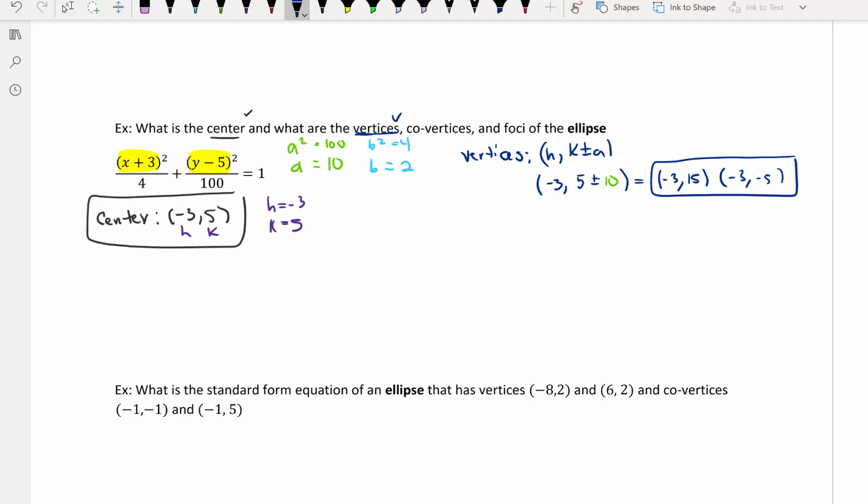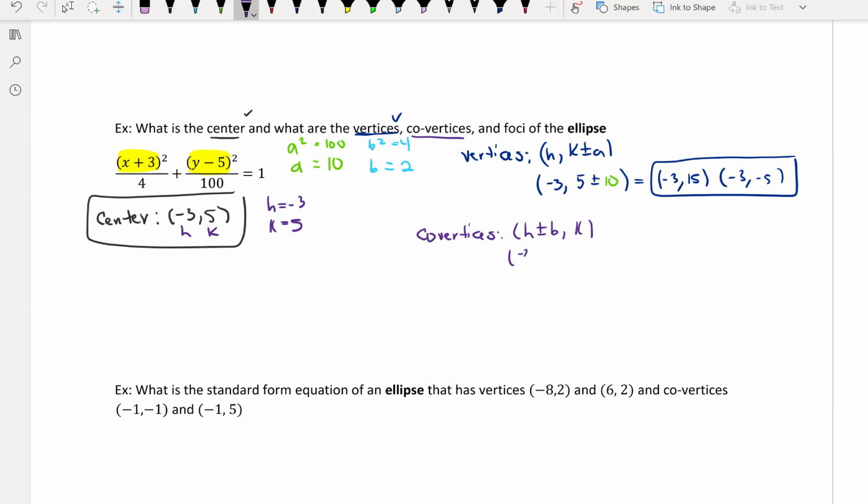So now let's deal with our co-vertices. For our co-vertices, that is going to be the general equation of h plus or minus b comma k. So, okay, let's see.